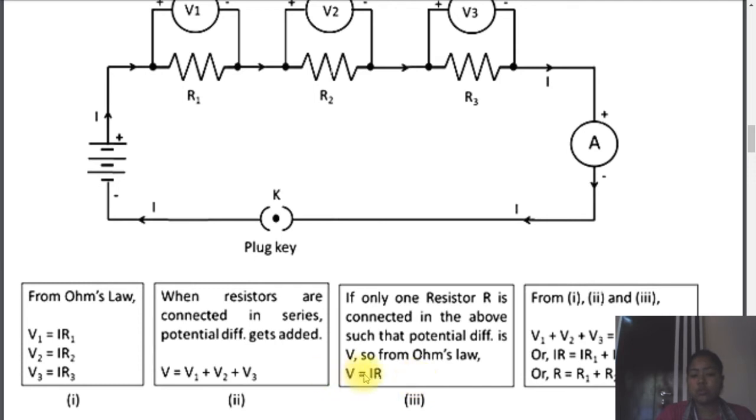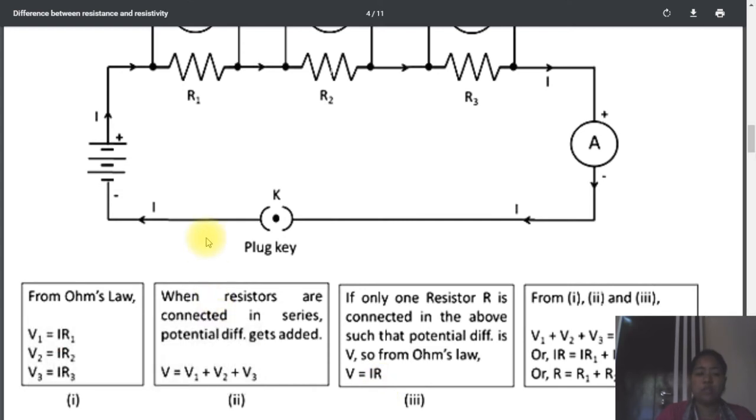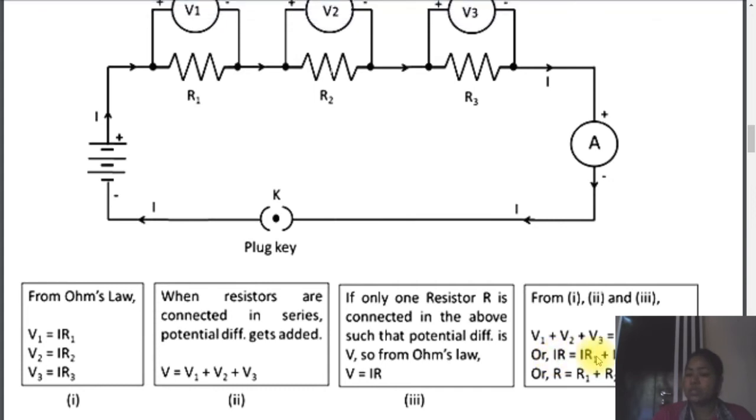From equation 3, V equals IR, and from equation 1, IR1 in place of V1, IR2 in place of V2, IR3 in place of V3. I is common on the left and right hand sides, so I cancels from both sides, and we only have R equals R1 plus R2 plus R3.